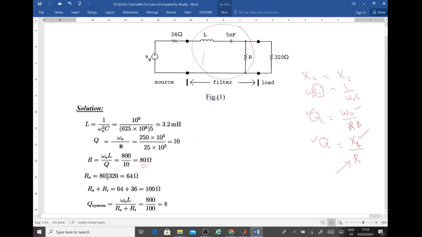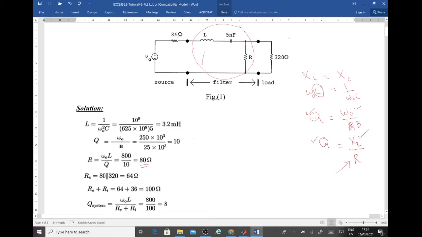We have the 320 ohm, which is the load, and then the value of R, which is the one component of the filter, which is already calculated as 80 ohm. So now we have 80 ohm in parallel with 320, and that will be in series with 36. So that will give us the overall resistance in this circuit.